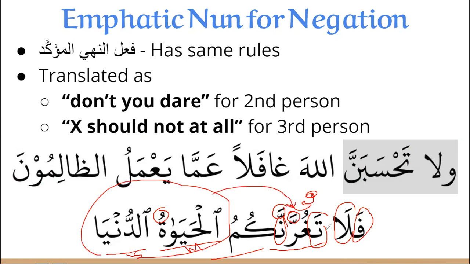Okay, so taghurranna means deceive. It's not second person, it's third person, right? So we have to translate it as the worldly life. Hayatud dunya means worldly life, or the lowest life. The worldly life should not at all deceive kum, you all.